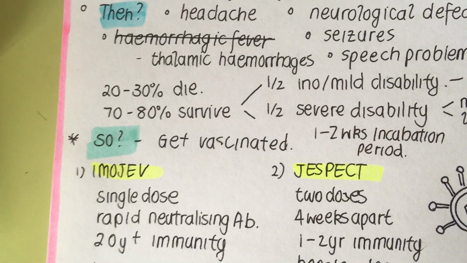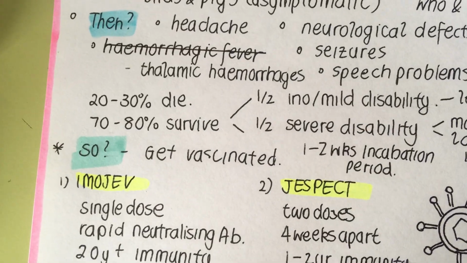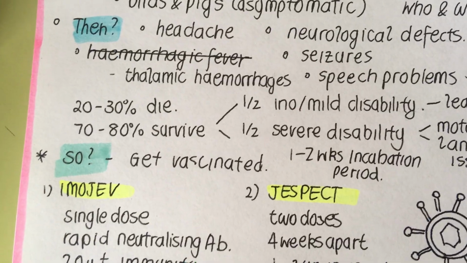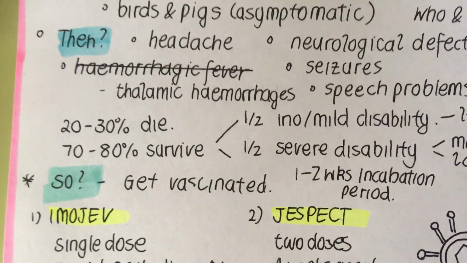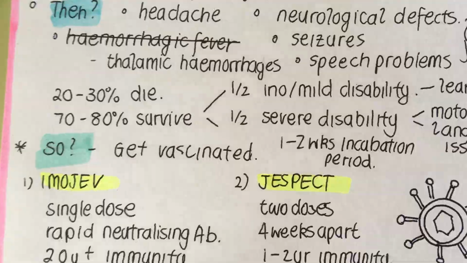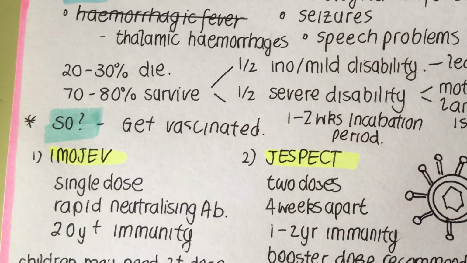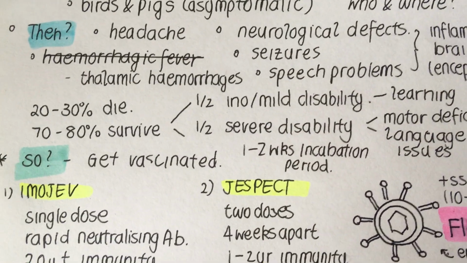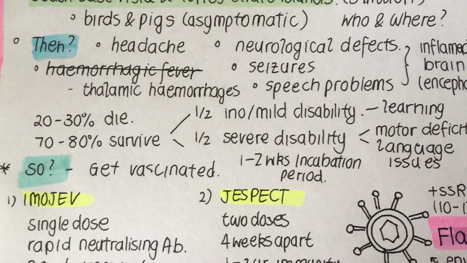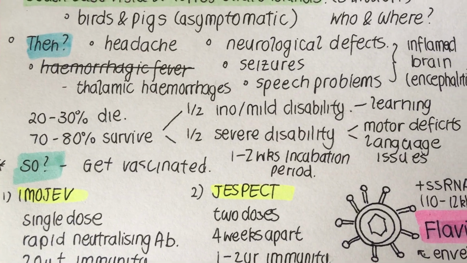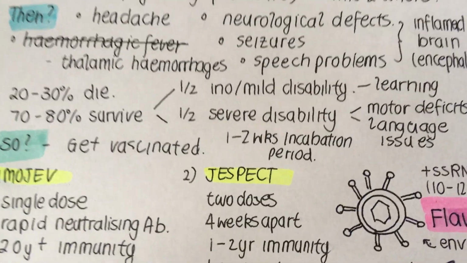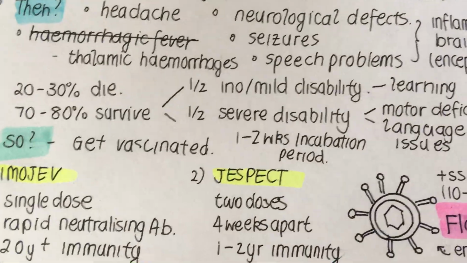What happens when you get it? Well, for every 500 infections, there's about 1 apparent infection which presents with symptoms such as headache, neurological defects that lead to seizures, speech problems, and they all come from the fact that the brain becomes inflamed.